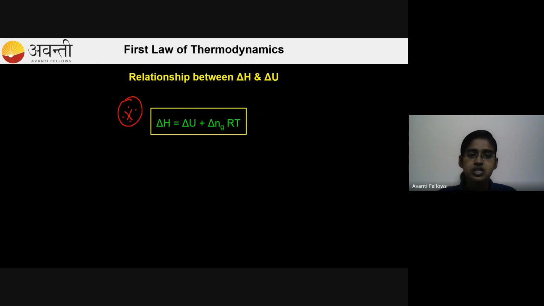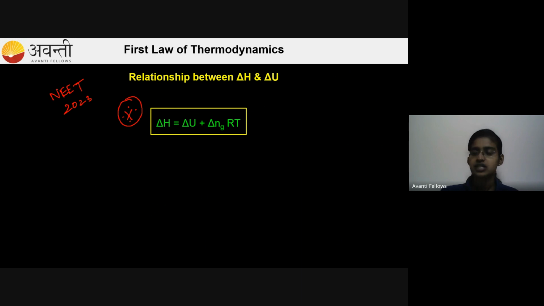This was a question asked in NEET 2023: which among the following is the correct relationship between delta H and delta U? Such an easy question, right? It is not a numerical question, nothing to do with the maths. You just have to know the formula, that's all. So, a very important formula, study it.